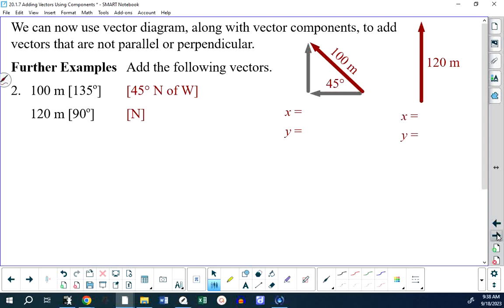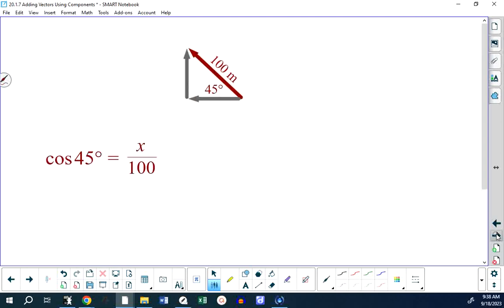And I don't know, how many of you understand that since it's at 45 degrees, your x and your y components will have the same magnitudes? The sine of 45 degrees and the cosine of 45 degrees are the same because these two vectors are equal in magnitude, because it's an isosceles triangle, 45, 45, 90. So I would like everybody to calculate that. I'm showing all of my work here.